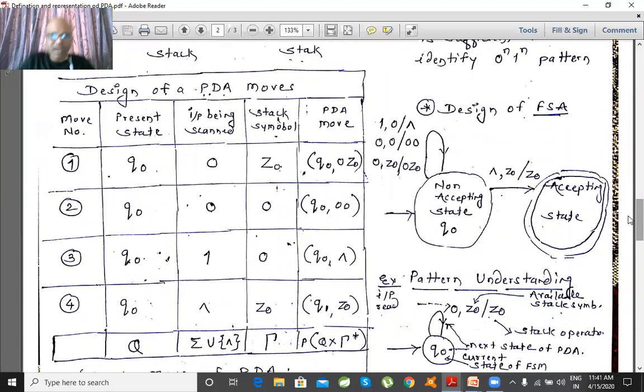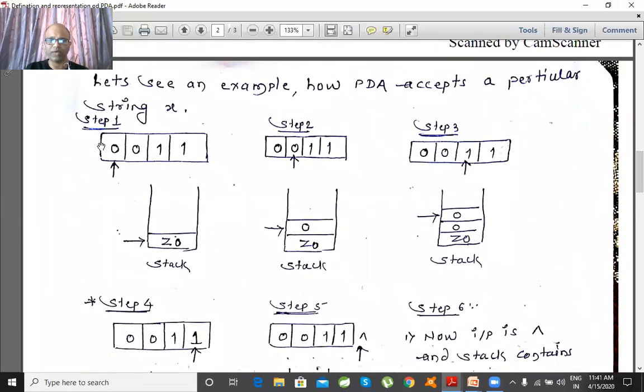So the string start is represented by move number 1, where I am in the initial state Q0, which is a non-accepting state. Being in the Q0 state, if I receive 0 and the stack contains Z0, meaning the stack is empty and contains only the basic element Z0 itself, then according to our logic this 0 has to be pushed onto the stack the way we discussed.